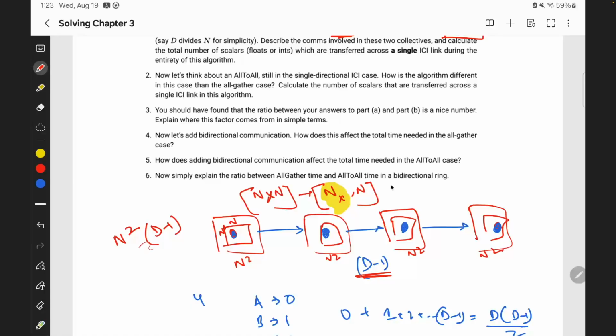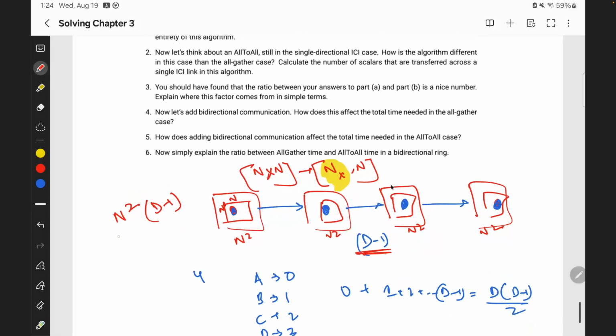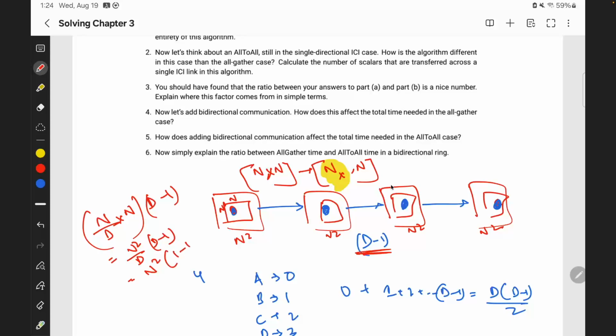So instead of it being n, I'll erase this. It is n by d into n, and we have d minus 1 hops. So it is n squared by d, d minus 1, or equal to n square times 1 minus 1 by d. So if d is greater than 1, this one is nearly n square.